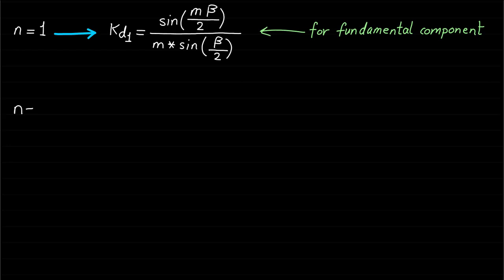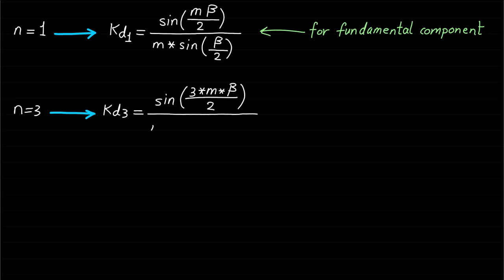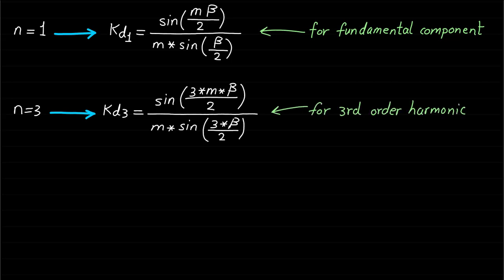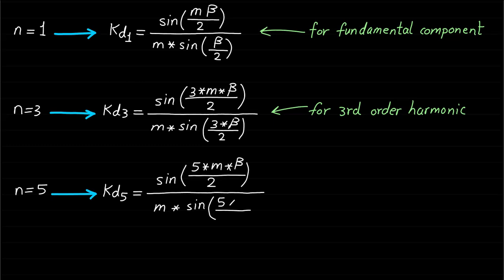If n equal to 3, then the distribution factor will represent the distribution factor of the third order harmonic of back EMF induced voltage ER. Basically, every component of the back EMF induced voltage will have its own distribution factor.